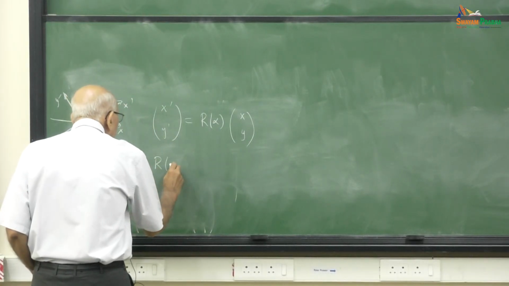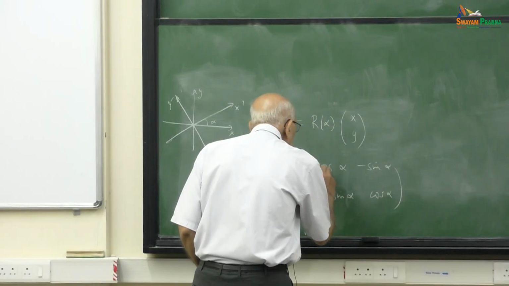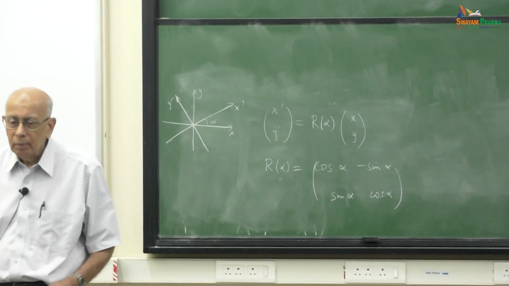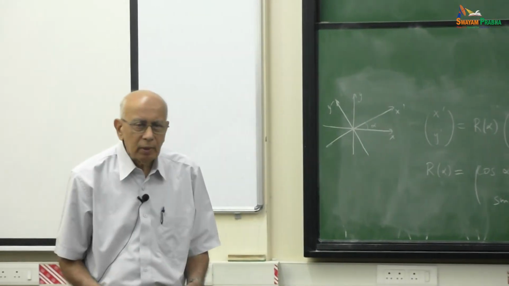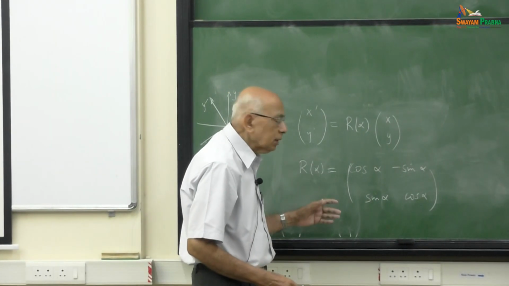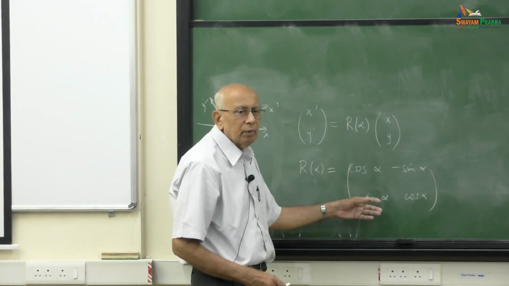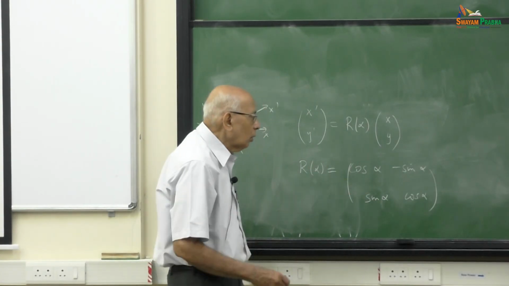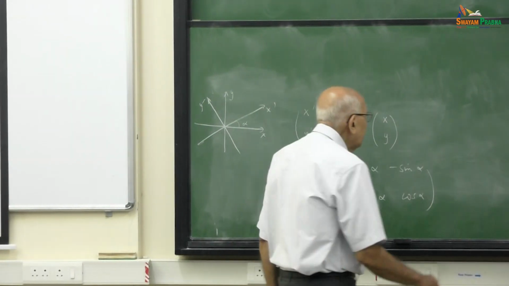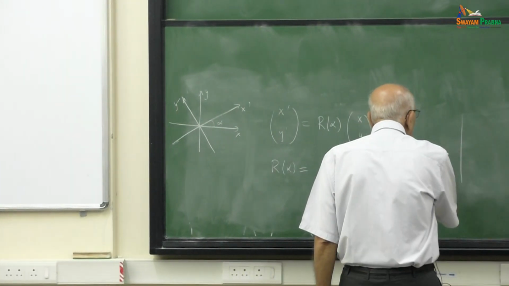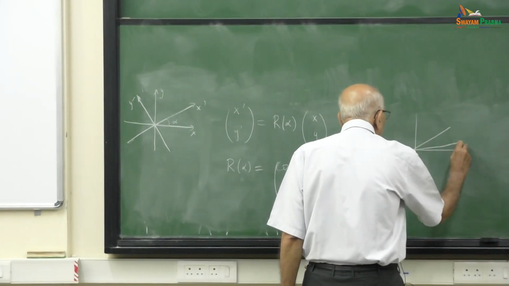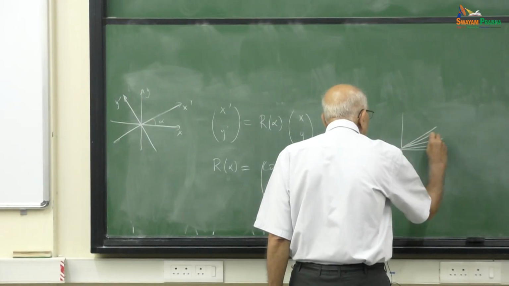And what's R of alpha equal to? I'm going to do a little bit of reverse engineering here because we already know the formula from trigonometry for a finite rotation. Generally you don't, in n dimensions, but in 2 dimensions we know the answer from elementary trigonometry. So I'm going to work backwards and ask what happens if I take the following attitude. I take the attitude that to get to a coordinate system like this, I first rotate by delta alpha, then by another delta alpha, then by another delta alpha.